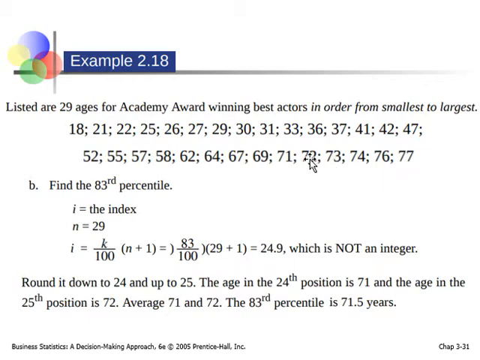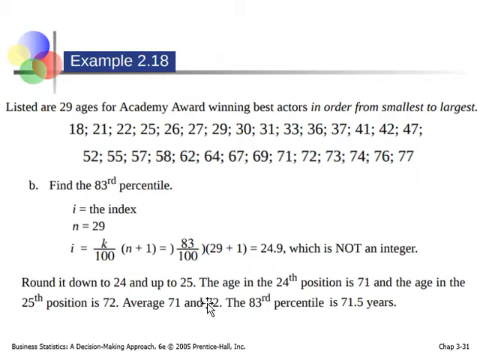So in this case, we round down to 24 and round up to 25. The age in the 24th position is 71 and the 25th position is 72.